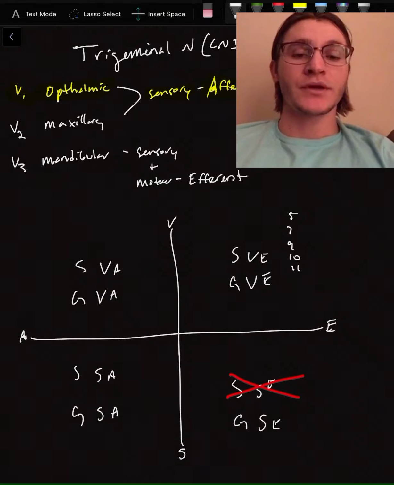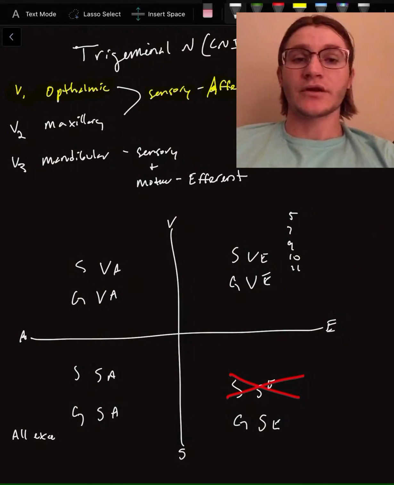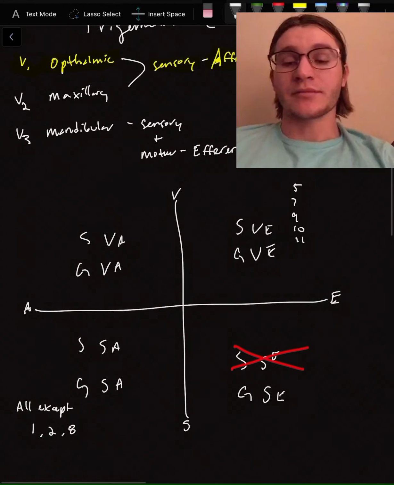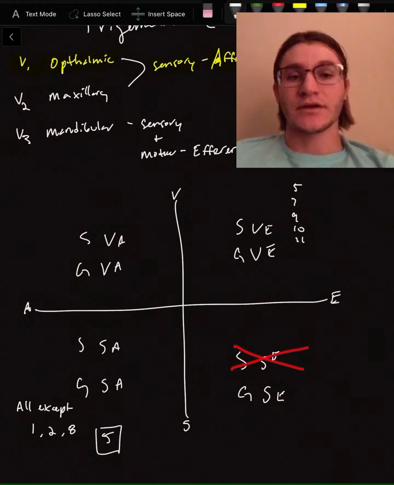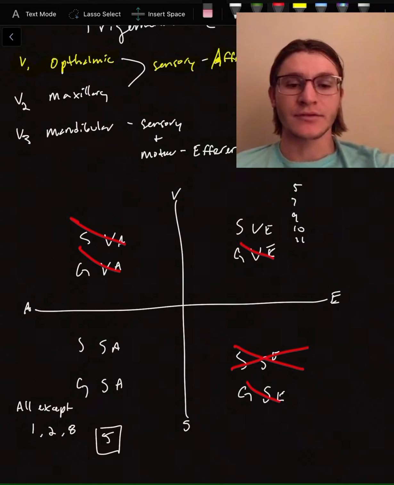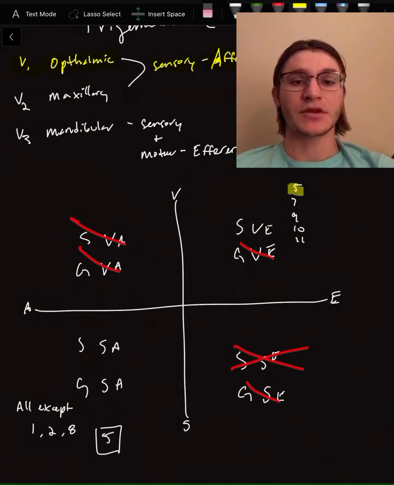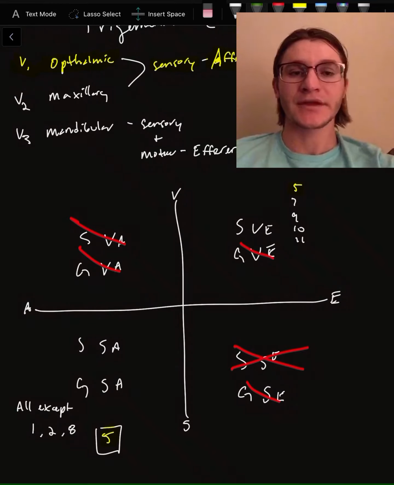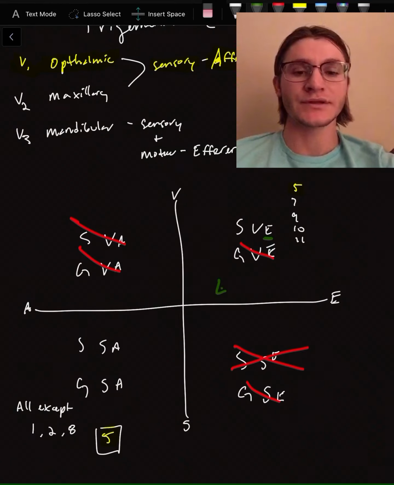I'm just going to make a point here showing you that cranial nerve 5 is in the special visceral efferent, along with being a part of the general somatic afferent in the bottom left as well. So we could cut off all the rest, because we know cranial nerve 5 does not belong there. Once again, if you're confused by this, check out my save vase chart. It makes finding the system and components really easy.